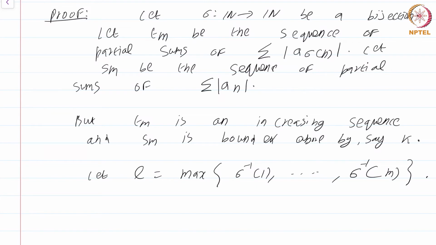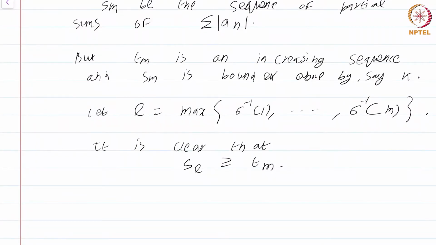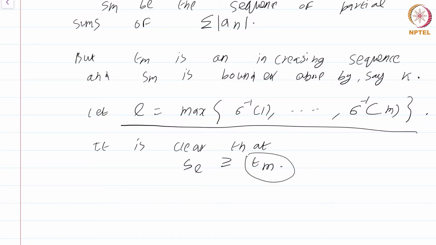Now it is clear that S_L is greater than or equal to T_m. Why is that the case? Well, look at what I have done. L is the maximum of sigma inverse 1 to sigma inverse m. That means every single term that comprises T_m will occur in this sum S_L also, and possibly more terms can occur. Therefore, S_L will have to be greater than or equal to T_m.